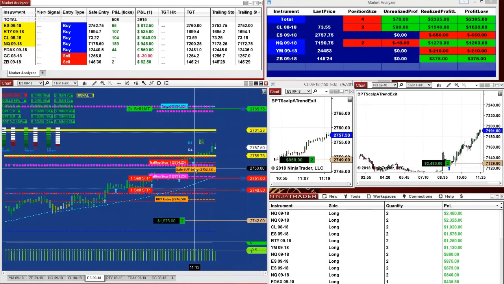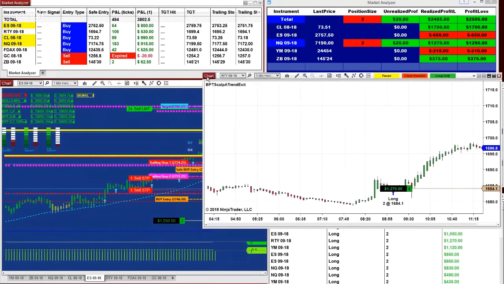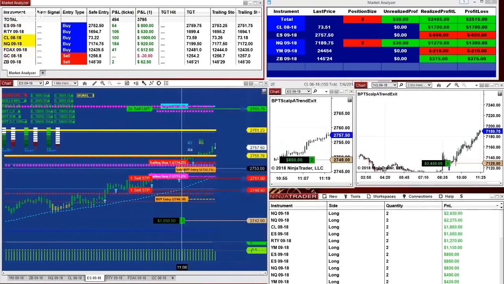Now, there is one thing here. What I like about it, this is a very important difference between the normal automated trade and this one here. It is a much more advanced automated trade, but this one is not going to be taken in and out of the market all the time.